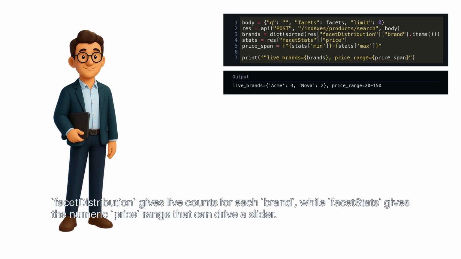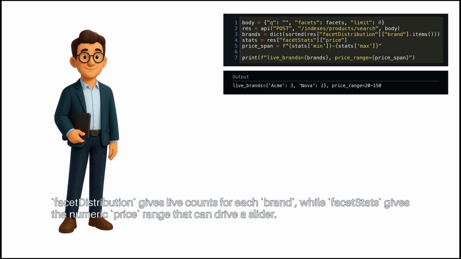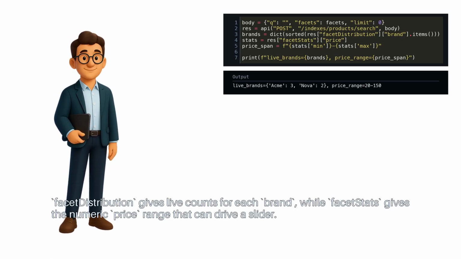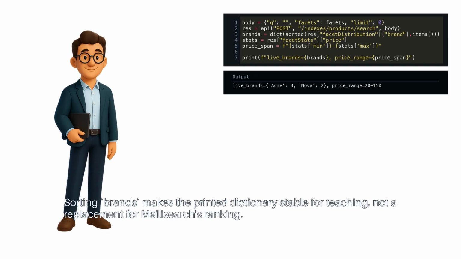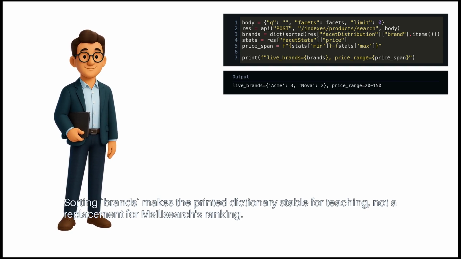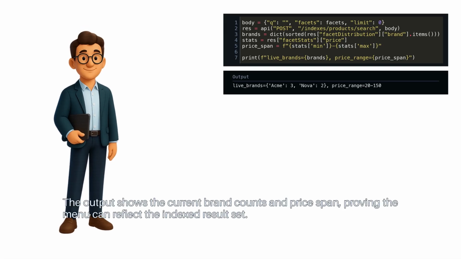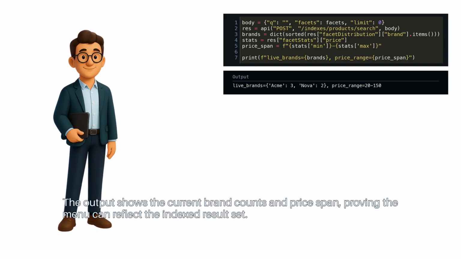Facet distribution gives live counts for each brand, while facetStats gives the numeric price range that can drive a slider. Sorting brands makes the printed dictionary stable for teaching, not a replacement for Meilisearch's ranking. The output shows the current brand counts and price span, proving the menu can reflect the indexed result set.